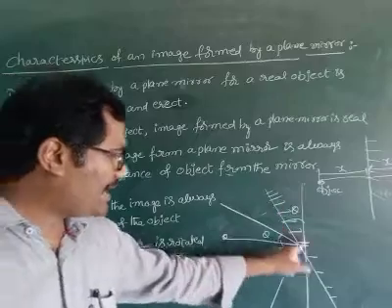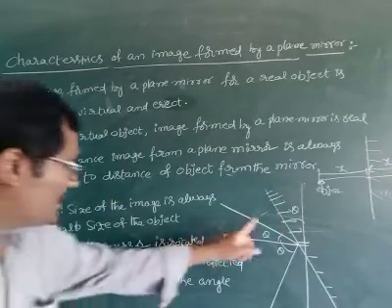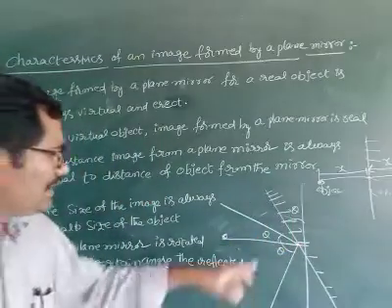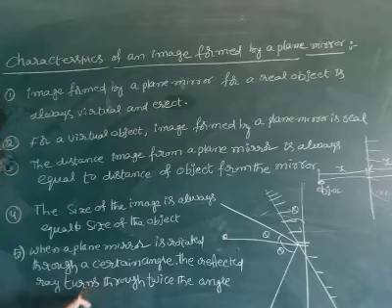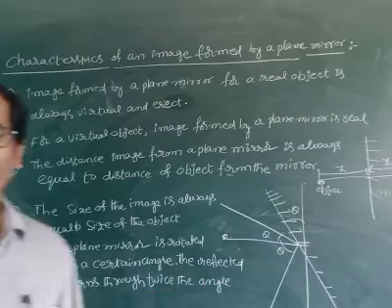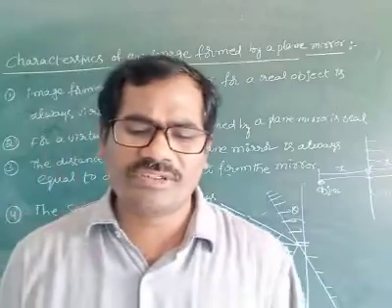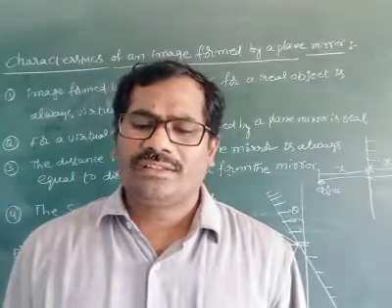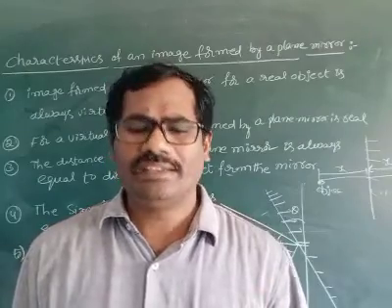The mirror rotates by theta, then the reflected ray turns by 2 theta. That means when the plane mirror is rotated through a certain angle theta, the reflected ray turns twice the angle, 2 theta, in the opposite sense. The reflected ray turns through twice the angle.